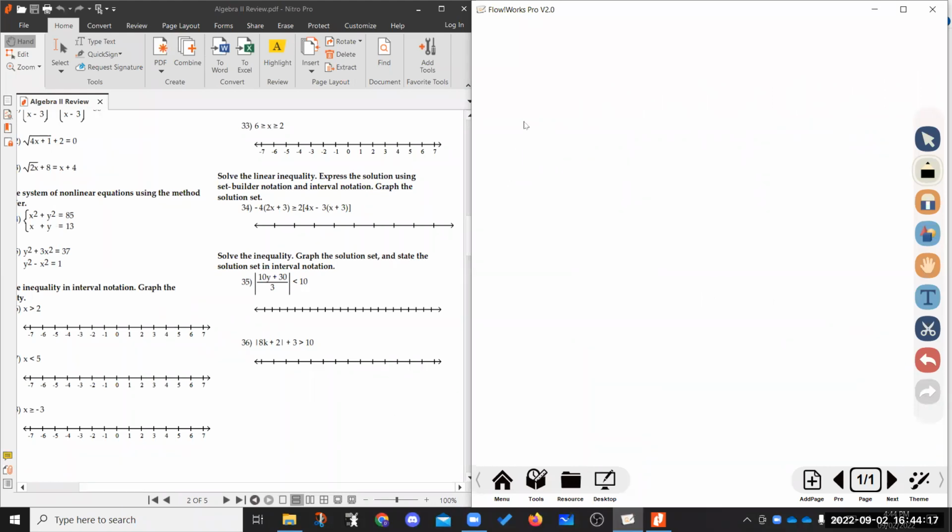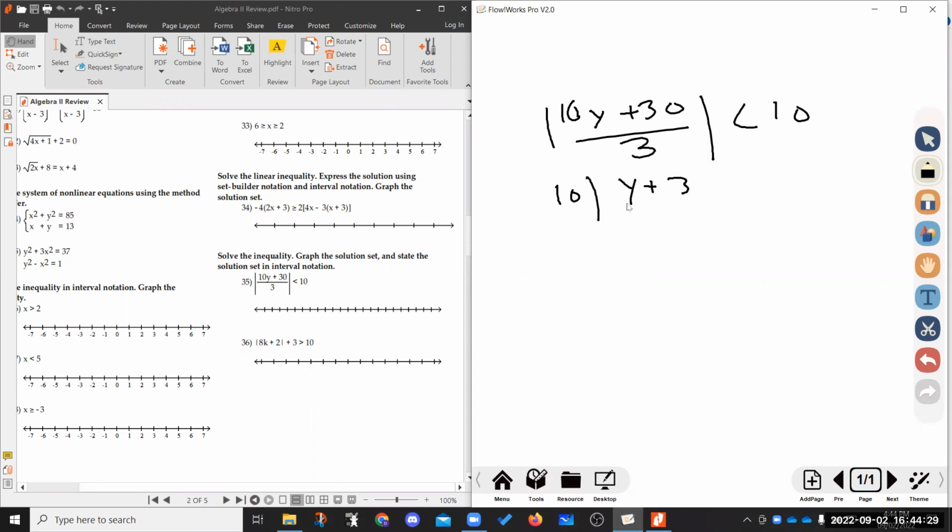Now we're going to have the absolute value of (10y plus 30) over 3 is less than 10. I'm going to pull a 10 out front.